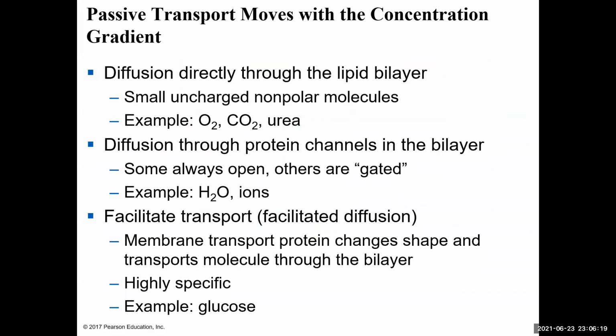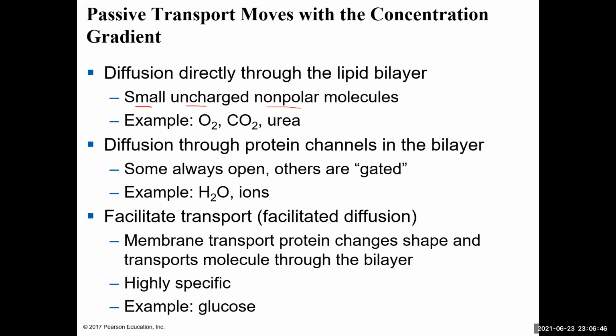Okay. And now remember, these two processes, diffusion and osmosis, are a type of passive transport. And so they're moving with a specific concentration gradient. And so diffusion can allow molecules to move directly through the phospholipid bilayer, the plasma membrane. But only certain molecules can do that. So these are small molecules and they have to be uncharged, meaning nonpolar.